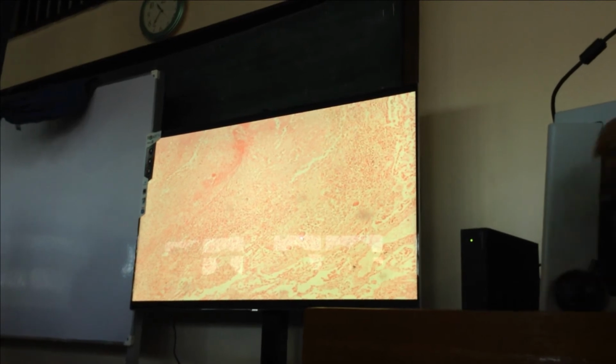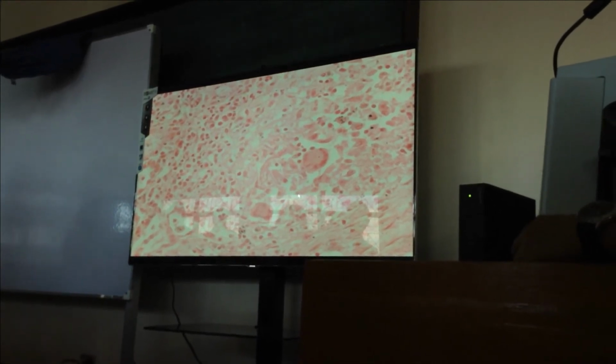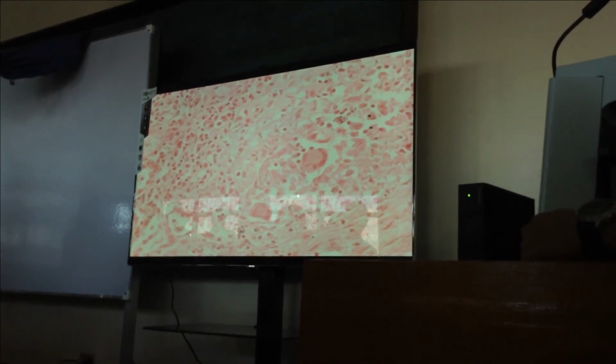Hypersensitivity reaction. Identify the cell pointed. Langhans type giant cell. Now, what cells compose the Langhans type giant cells? They are the activated macrophages.